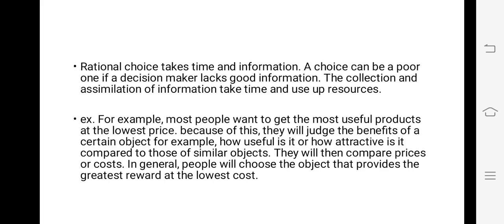Because of this, they will judge the benefit of a certain object and how useful or how attractive it is compared to those of similar objects. They will compare prices or costs, or in general, people will choose the object that provides the greatest reward at the lowest cost.